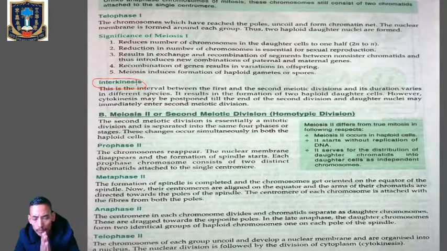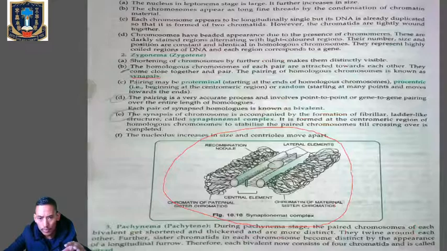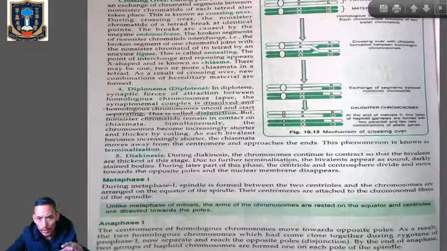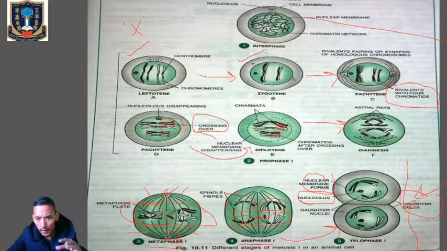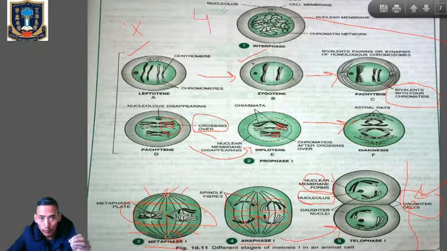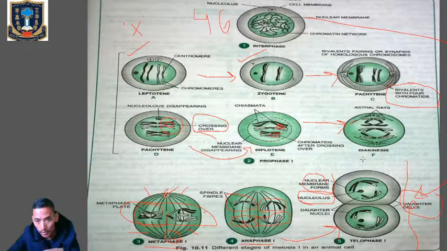That means here the number of chromosomes will remain the same. The two daughter cells formed in the first meiotic division will be haploid because it is a heterotypic division. If the number of chromosomes was 46, then in the two daughter cells it will be reduced to half. It will be 23 and it will be 23.